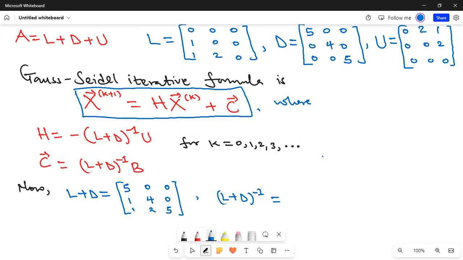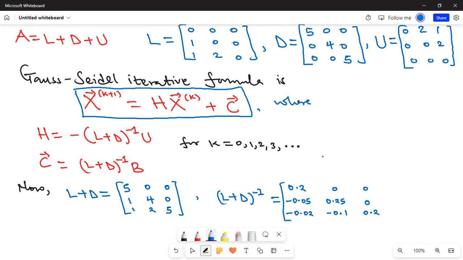And so you need to get your answer as 0.2, 0, 0, negative 0.05, 0.25, 0, negative 0.02, negative 0.1, 0.2.